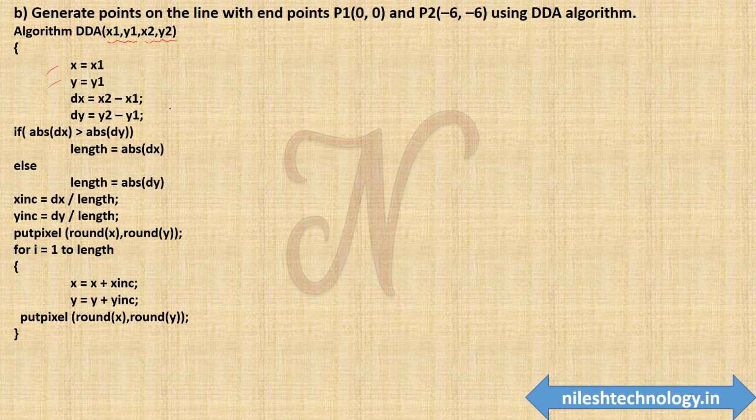We perform some operations, find the absolute values of dx and dy, and check which is greater. Then this is your length. Here x increment equal to dx upon length, y increment equal to dy upon length. Put pixel means print or plot the point on a graph. By using a loop, we print all the points, the pixels on a graph, and then finally we see the line drawn by using the pixels.